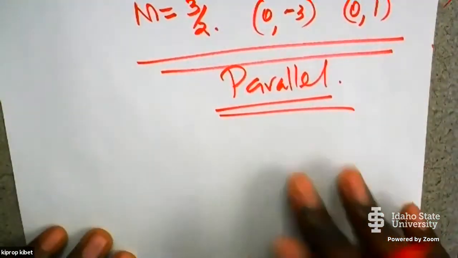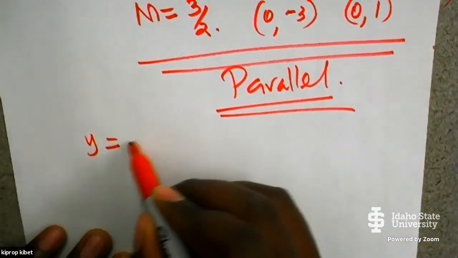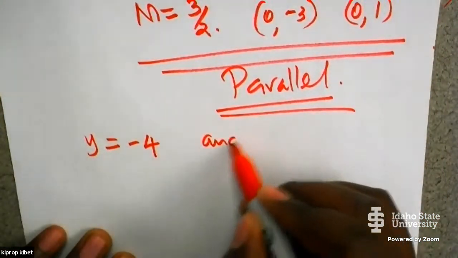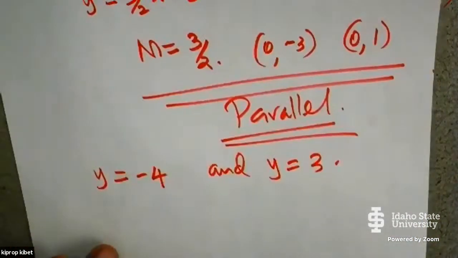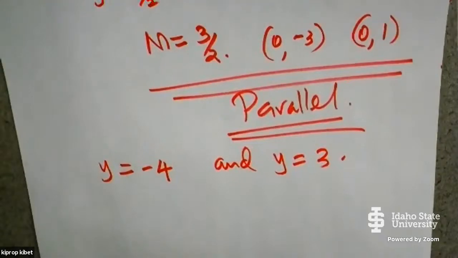Now, another example. If you're given y equals -4 and y equals 3. So this is a line at y equals -4. This one is a line at y equals 3.